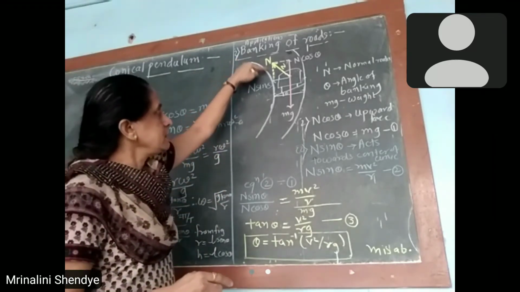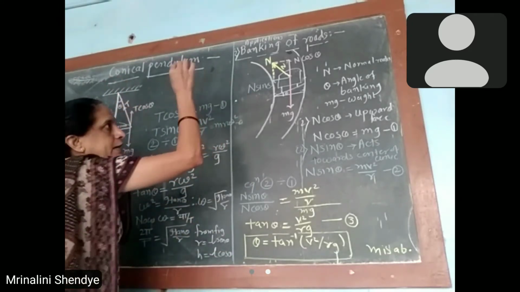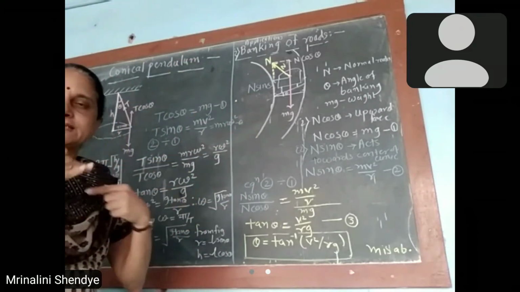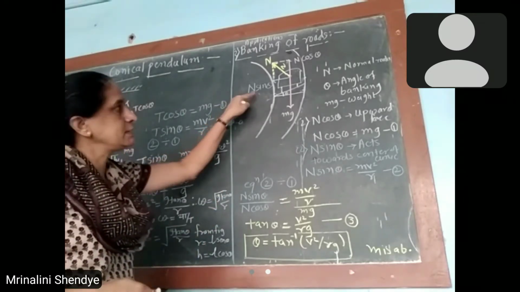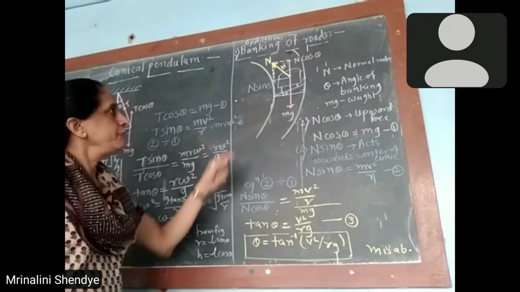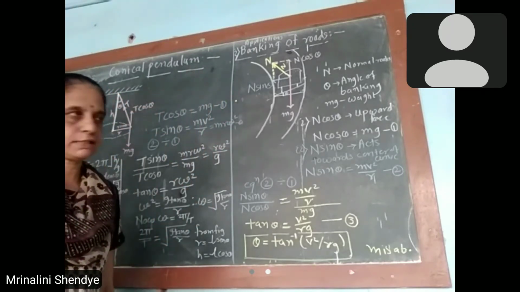Because this is a curved path, it has a center over there, and the force acts towards it. Whenever this force acts towards the center, we can see these two components of the normal reaction.